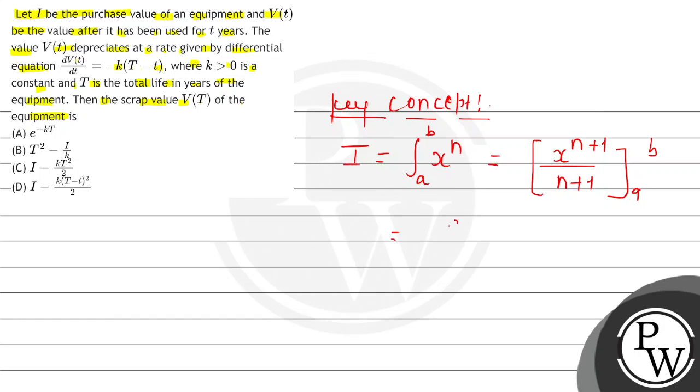So it will be b to the power n plus 1 minus a to the power n plus 1, divided by n plus 1. This is the formula that we'll use to solve this question.